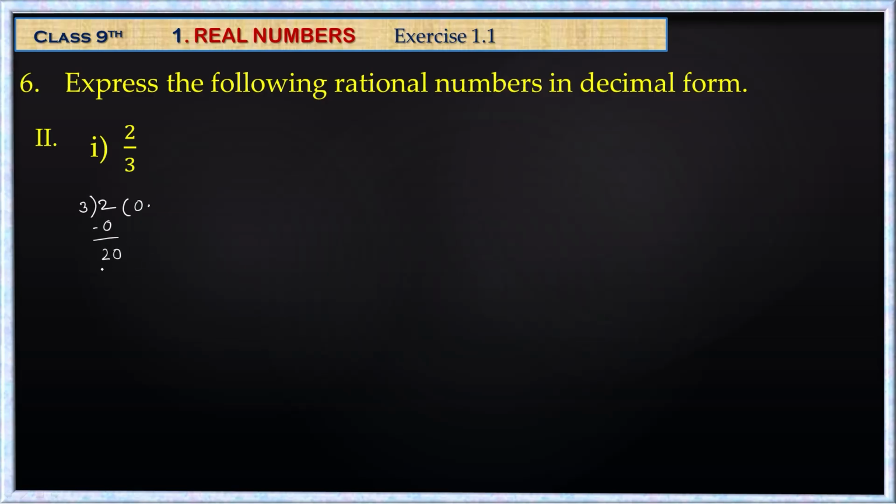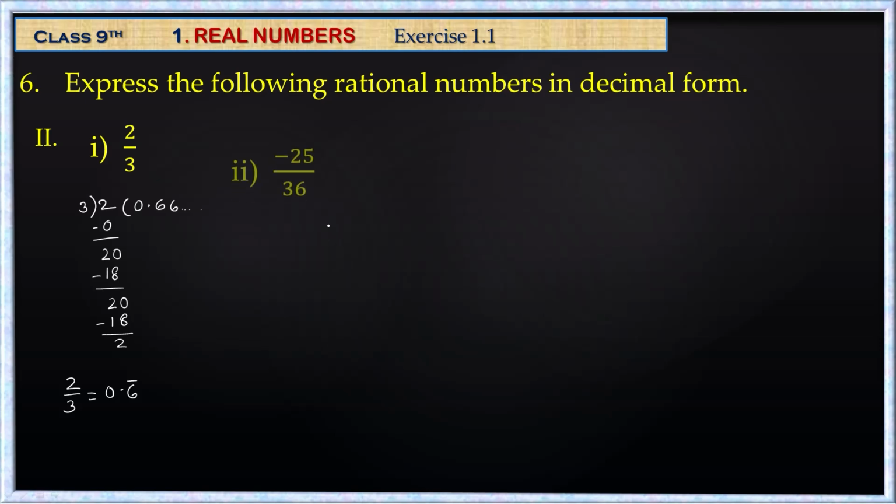We put 0. It becomes 20. 3 6s are 18. Again we get remainder 2. And again we put 0 every time. Now it becomes 20. Again 3 6s are 18. Again we are getting the remainder 2. So the digit 6 is repeating. Now 2 by 3 can be written as 0.666. So we put a bar on the 6 to denote it is a repeating digit.